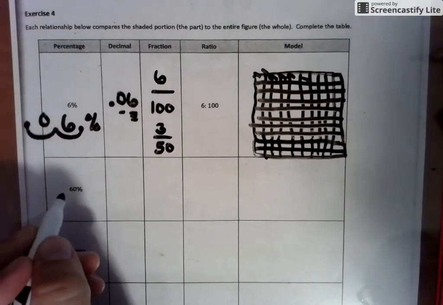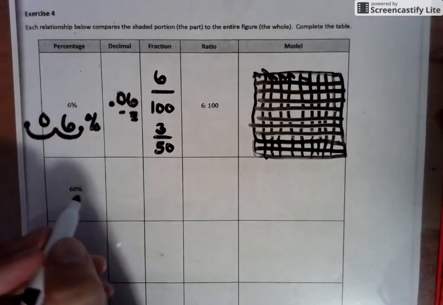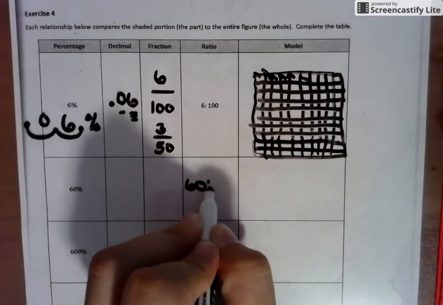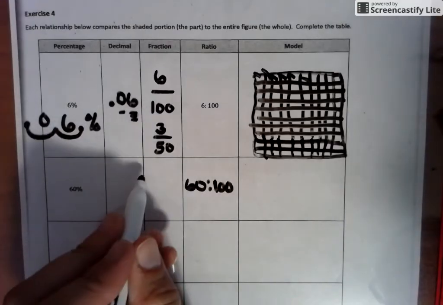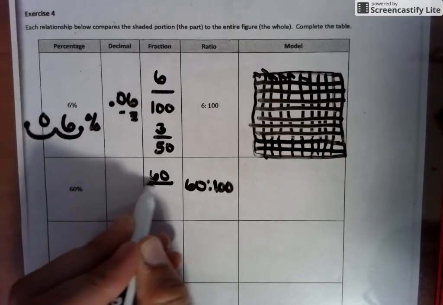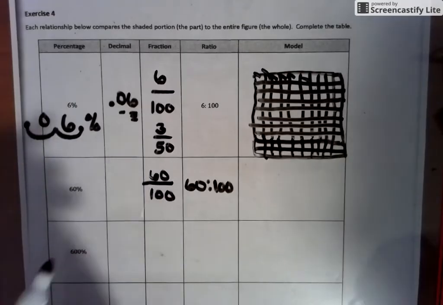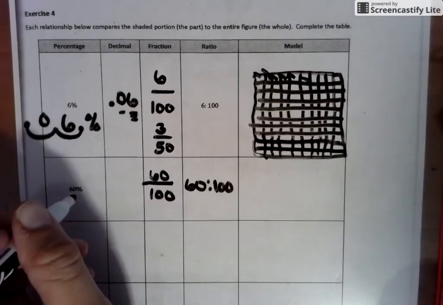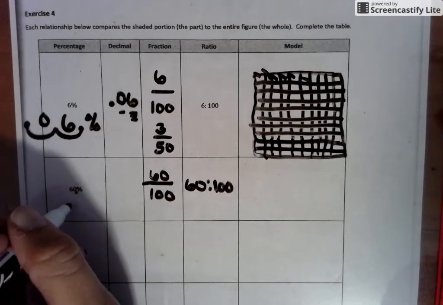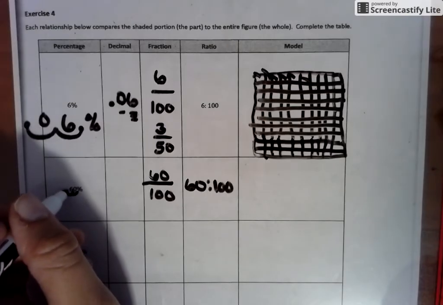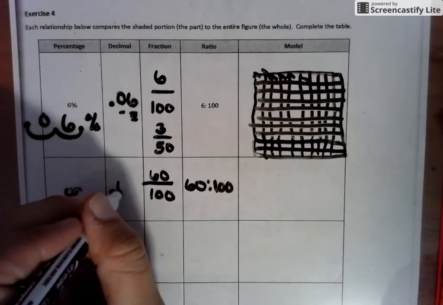But when you're taking notes on this page, if you only want to do one model drawing, that is totally fine. So now let's look at the 60%. We're given the percent. Right away, I'm going to jump to the ratio, 60:100. Then the fraction, and all percents go over 100.